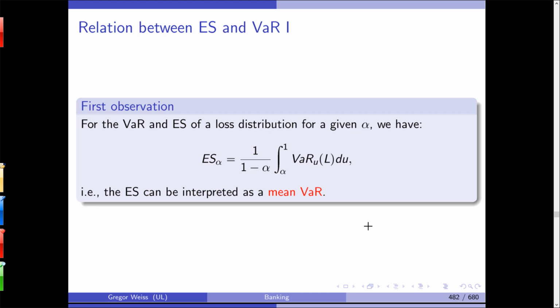And this actually is the way in statistics you calculate the average or the expected value of a distribution. You take the integral. It just turns out that even for discrete distributions, the integral boils down to the average, whereas in the continuous case, for a continuous distribution, this is the usual definition of an average. But we are not using the distribution or the density function, we're using a quantile function.